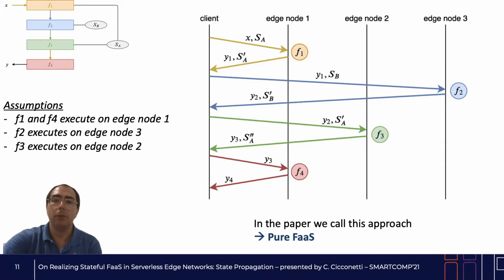In the paper, we call this approach pure function as a service, because we can keep the same function as a service principle of keeping the function stateless by fully embedding the state as input argument and return value.